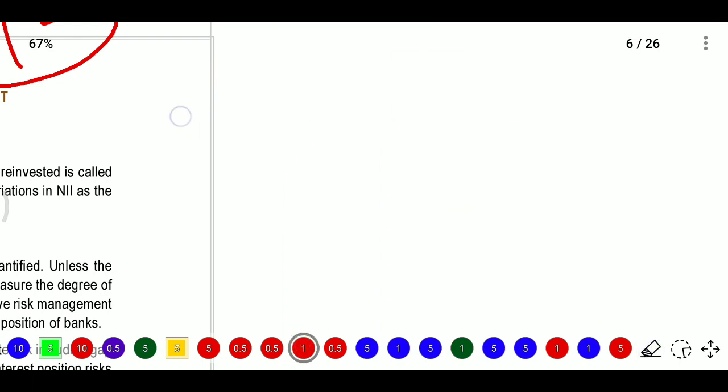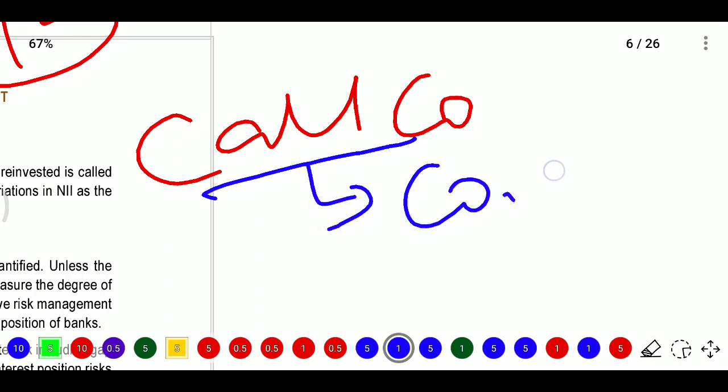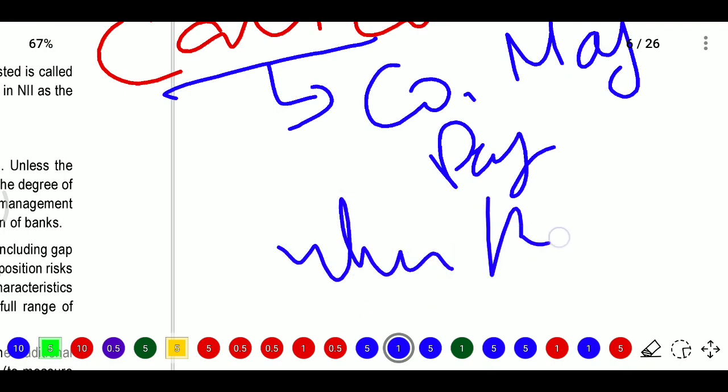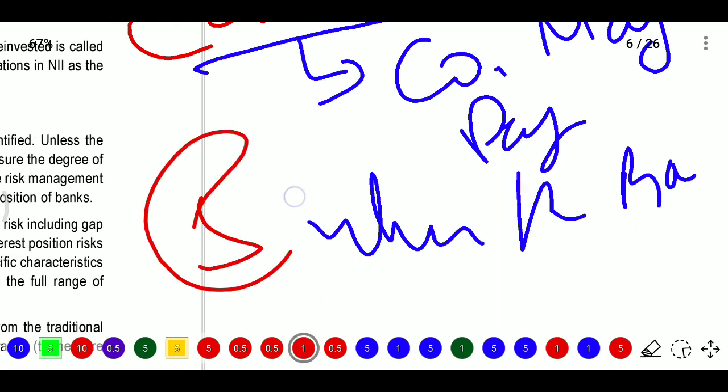For example, in a call option, the company will get the right. What will happen in a call option? The company may pay back whenever they have money. For example, it is a 5 year bond and you have invested in this 5 year bond, which has a call option.